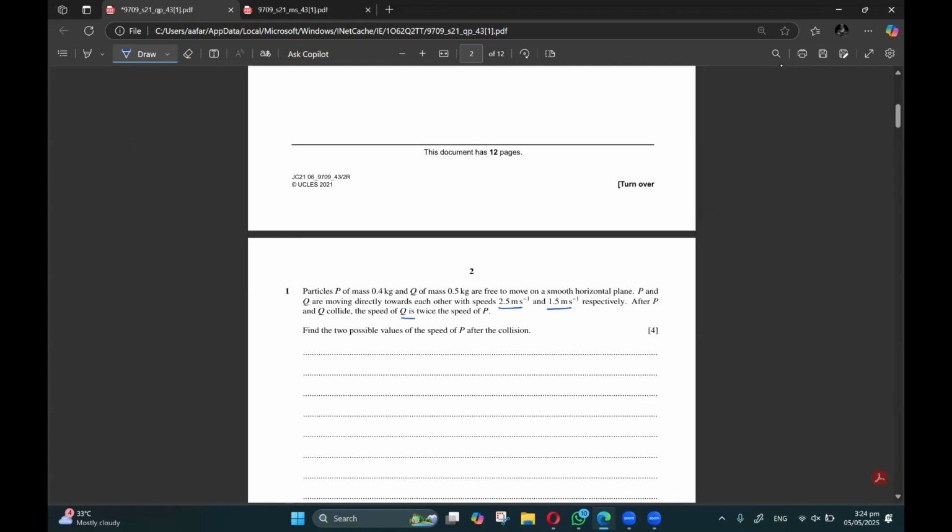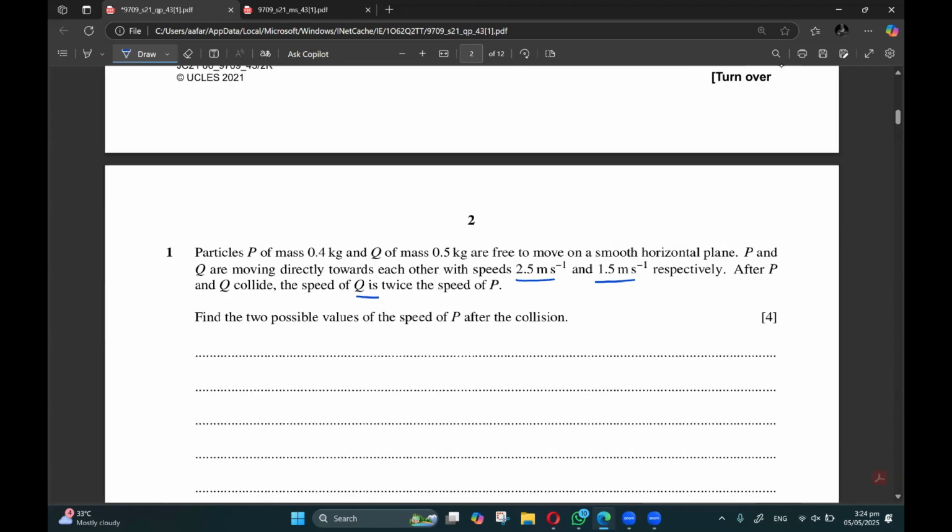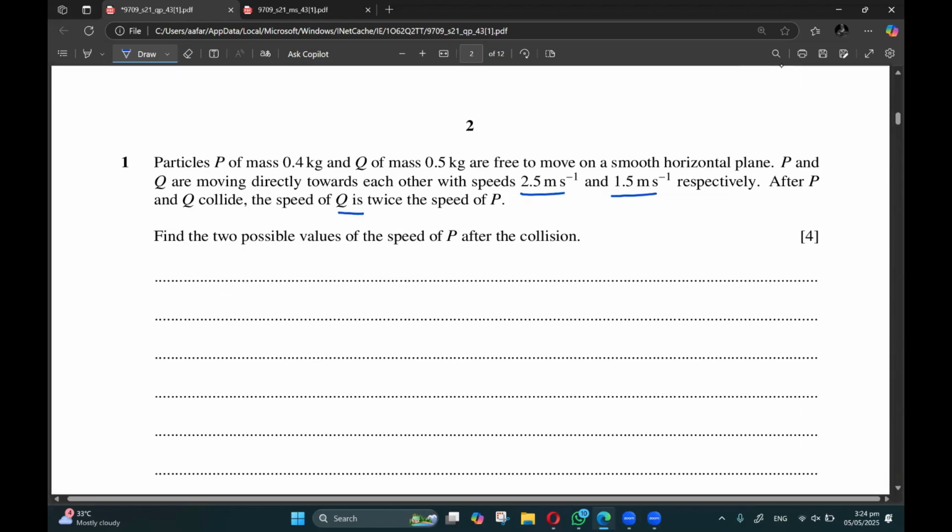Okay, so basically, try to make as many diagrams as possible, so you can visually imagine how the whole scenario is playing out. So we have two particles, P and Q. Let's call this P. Let's call this Q. They're heading towards each other at different speeds.